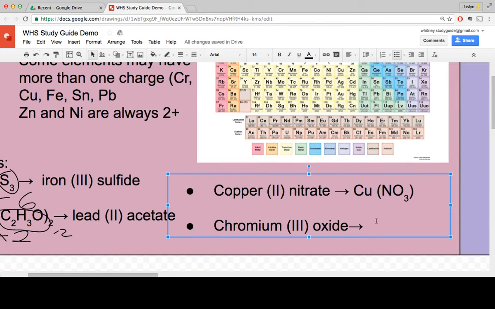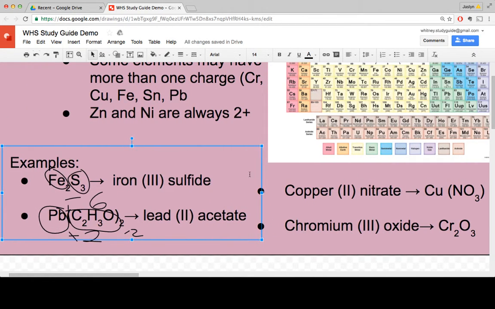So this is one of the ones where you're going to have to add a number to both, because you're going to have to multiply, you're going to have 2 chromiums and 3 oxides for it to have +6 and then -6. So you're just going to do 2 of those and 3 of those. So that's how you balance the charges like that.